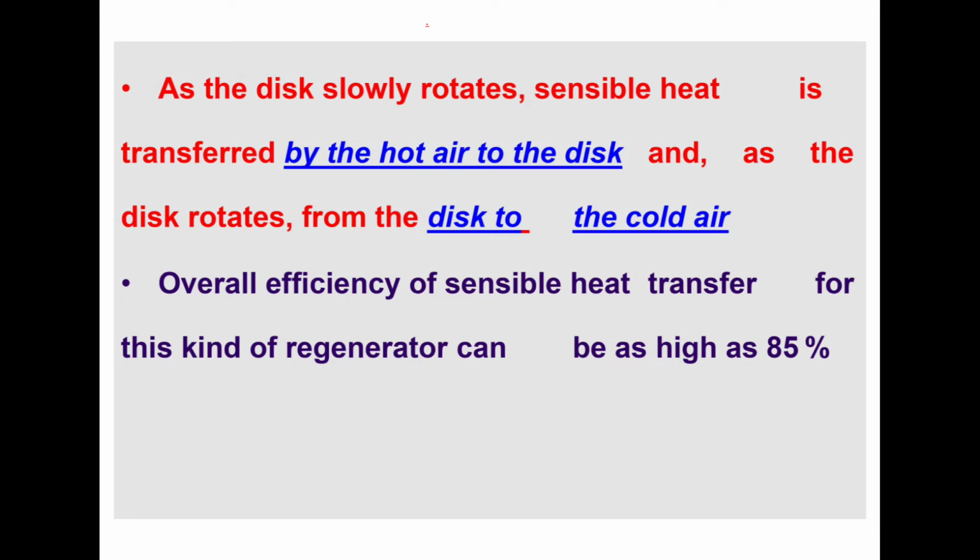As the disc slowly rotates, sensible heat is transferred by the hot air to the disc, and as the disc rotates, from the disc to the cold air. The overall efficiency of sensible heat transfer for this kind of regenerator can be as high as 85%.